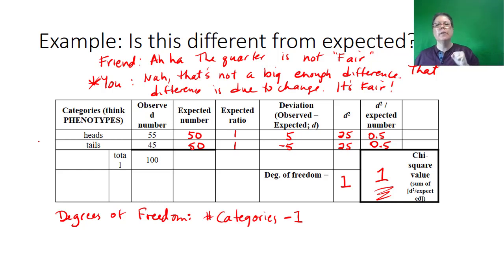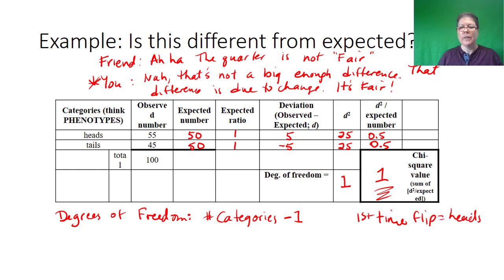All right, so here's another thing to think about. If you flip the coin and the first time you flip it, does that mean, if it's heads the first time, that you would definitely expect it to be tails the second time you flip it?